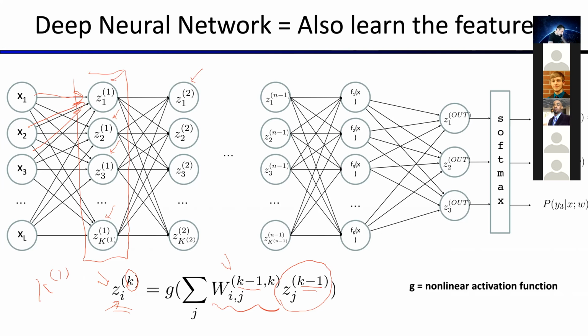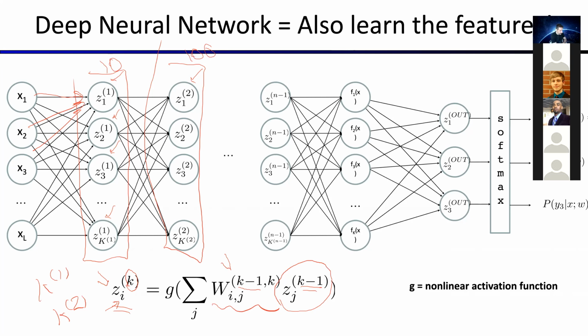Here in this layer, you have K2 number of nodes, and these could be different, right? Maybe here you might have 10 nodes, here you might have 100 nodes. So you might have different numbers of neurons or nodes in the network at each layer.